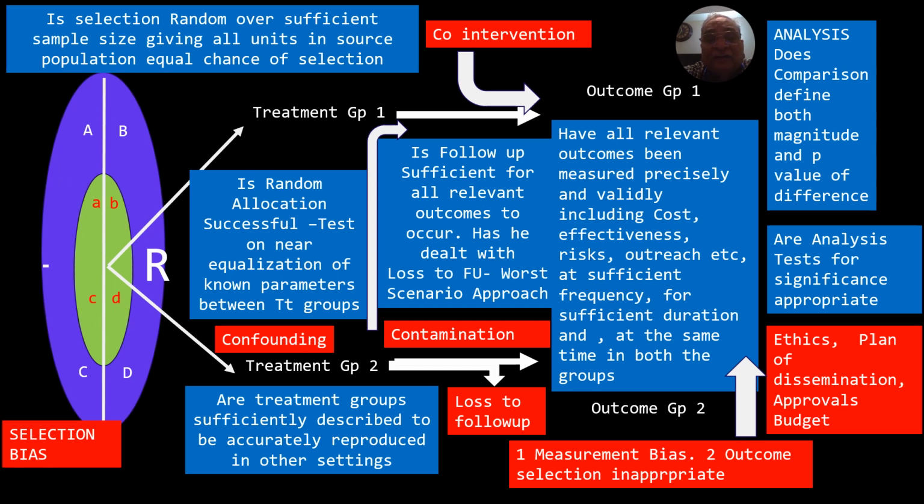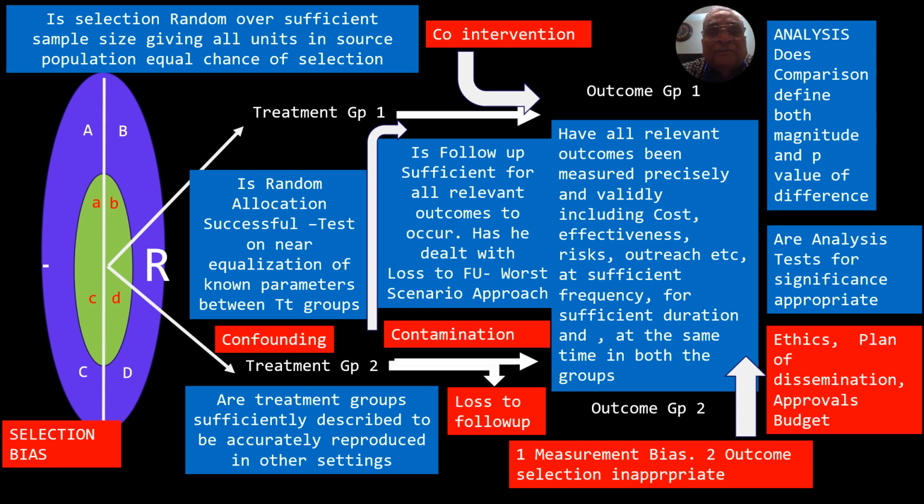And if the direction of your results survives this maneuver, then the loss to follow-up is not fatal. It is not a fatal mistake. So this is about loss to follow-up.